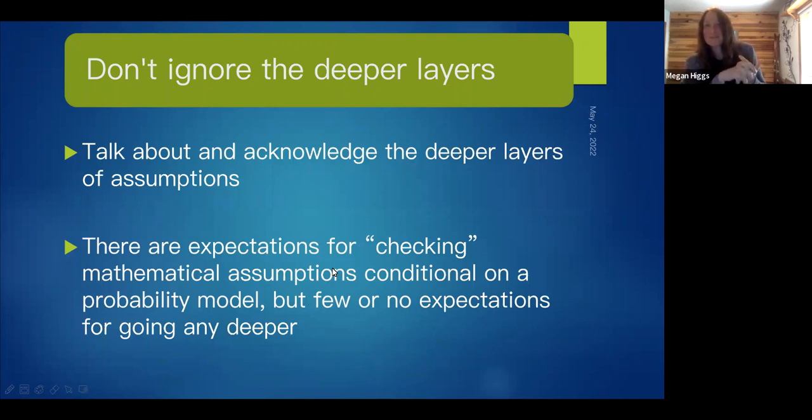We have a lot of expectations for checking mathematical assumptions. You're expected to do those on your homework assignments and for your paper. But in my opinion, we don't have many expectations of students and researchers for going much deeper than that.